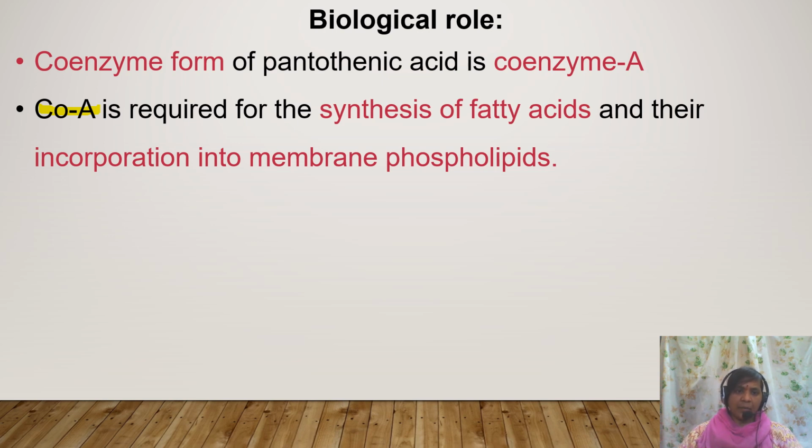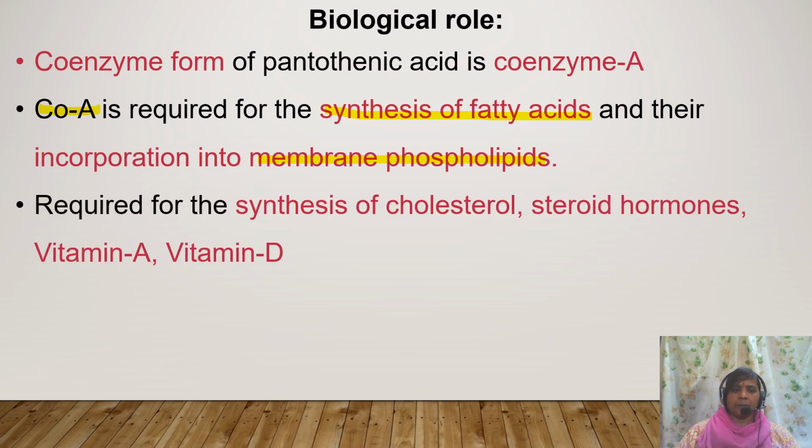And this coenzyme A is required for many reactions of the metabolic pathways, like synthesis of fatty acids and their incorporation into the membrane phospholipids. You know that the cell membrane is made up of a bilayer phospholipid, and the fatty acids that have to be incorporated into the phospholipids require the CoA, or coenzyme A.